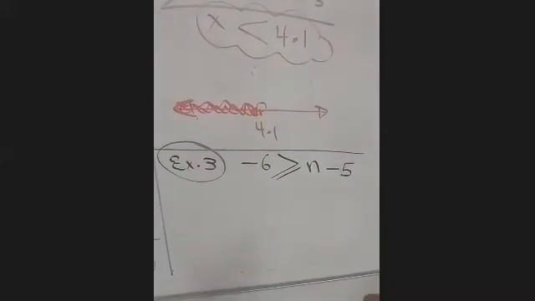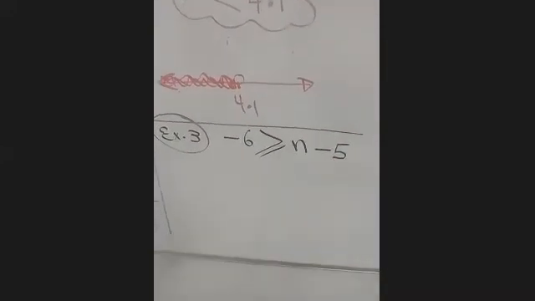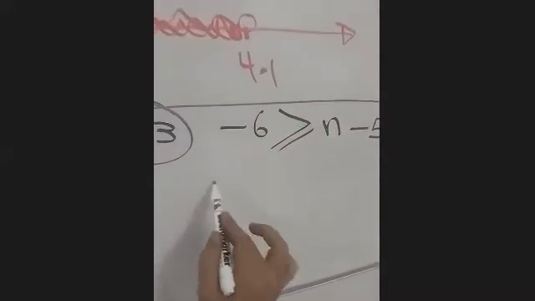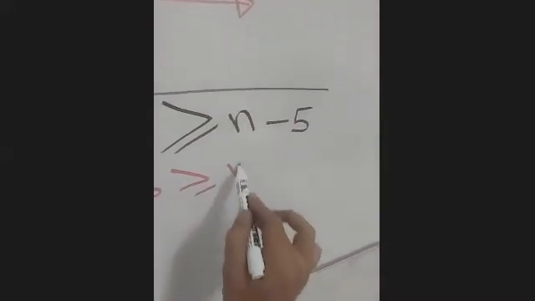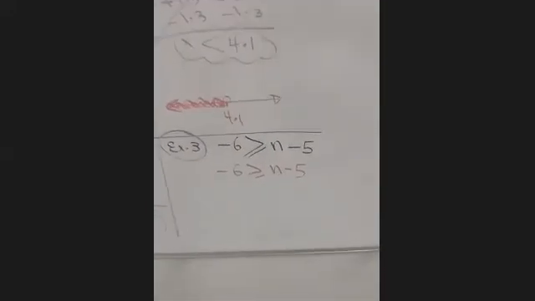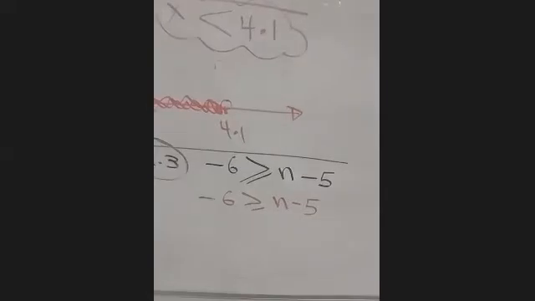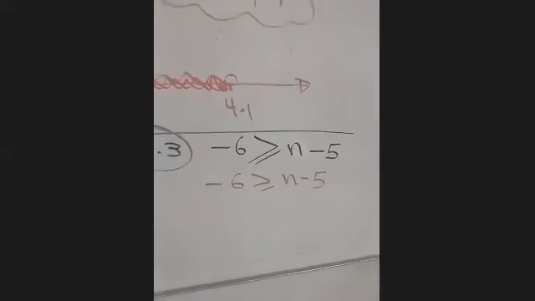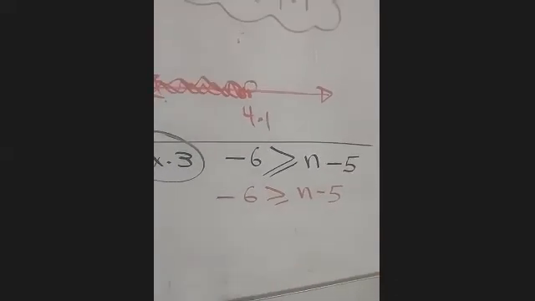Now, check your solution. We will solve and graph. We know the question. Now what's the first step? Rewrite the inequality. Negative 6 more than or equal to n minus 5. Then where is the variable? The variable n. What's the connected number? Minus 5. We will add or subtract on both sides?